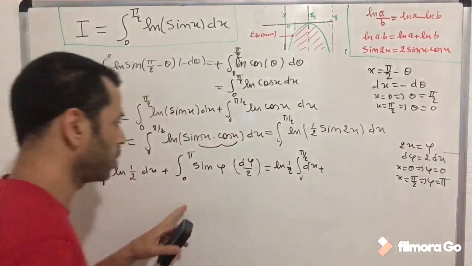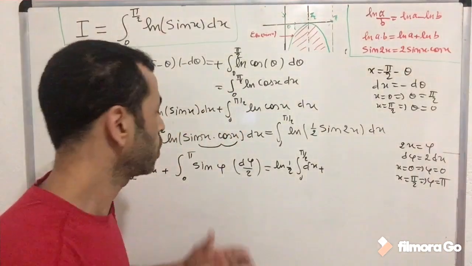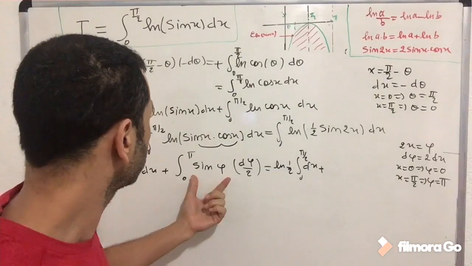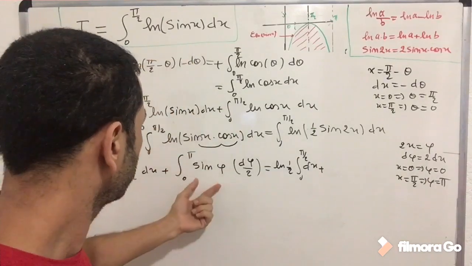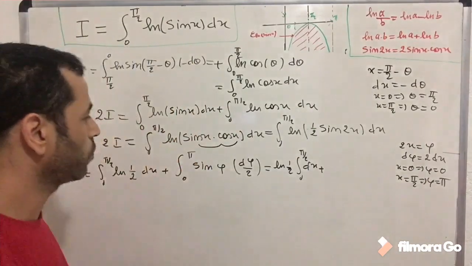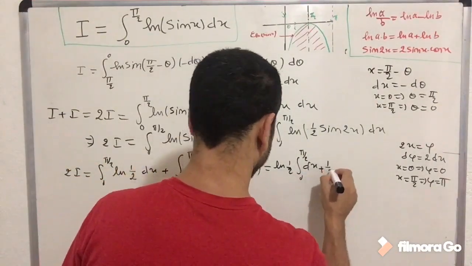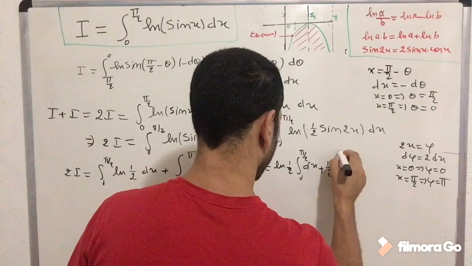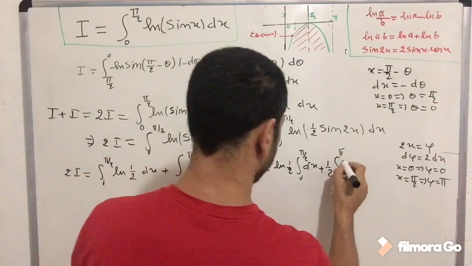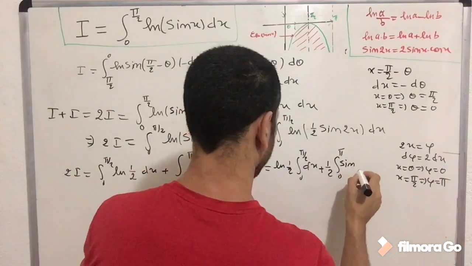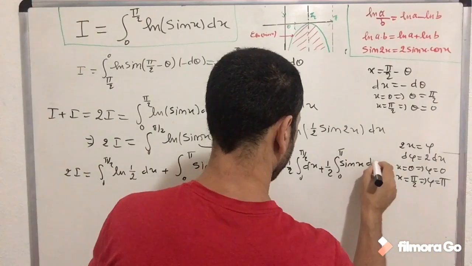this is the question here. We see this integral is almost the same, but the bound is different. Let's put this one first outside, 1 over 2, integral from 0 to pi. Let's change sine phi to sine x dx.